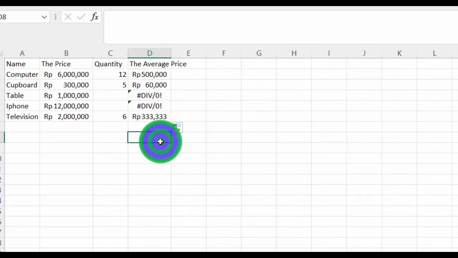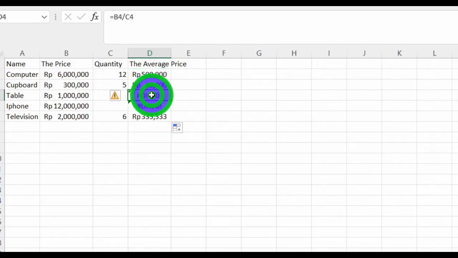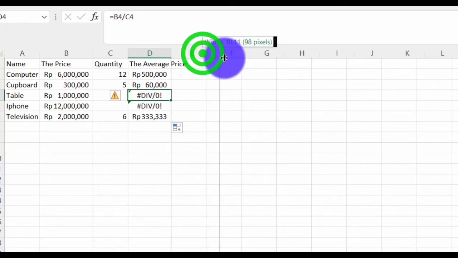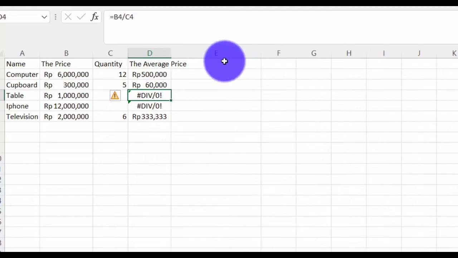Nah, so in D4, di kolom D4 saya akan menemukan, I will find the error. So how can I solve this error? Okay, I will make the next column.